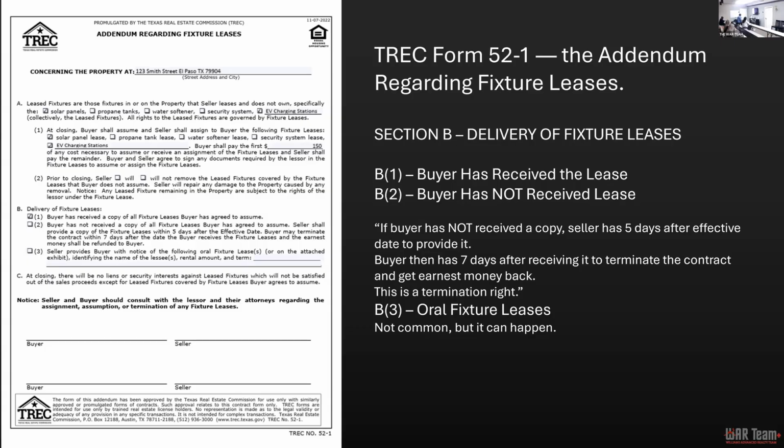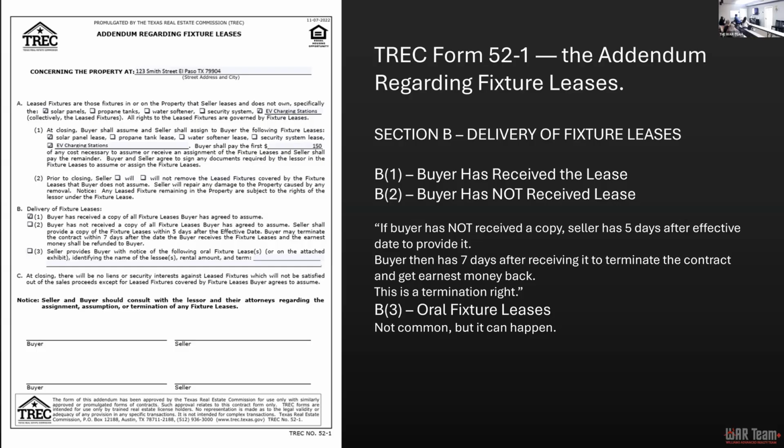And then the third one, number 3, which is not common, but can happen. I'm being told, I've never seen this, but I guess they have it down there because some type of oral agreement exists between the lessor and the lessee, and now you're capturing what that oral agreement is in the terms in section 3.